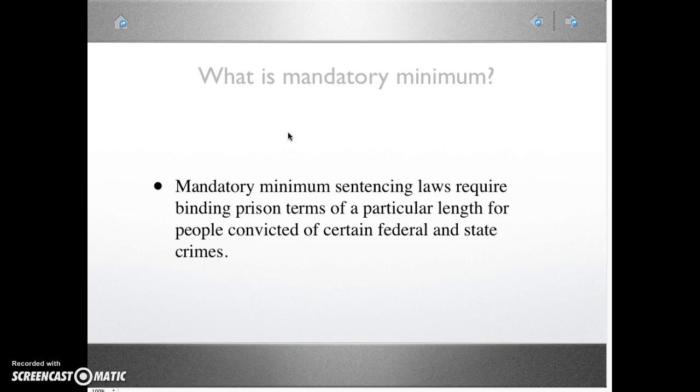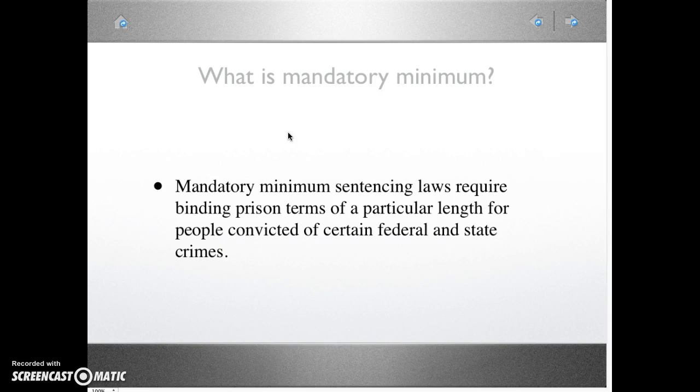And so that caused an increase in our prison populations. That led to overcrowding, huge costs to the taxpayers, and all kinds of social issues arose out of that. Now, what we're beginning to see is that many states and the federal government as well are beginning to loosen these mandatory minimum laws because they realize what's happened.